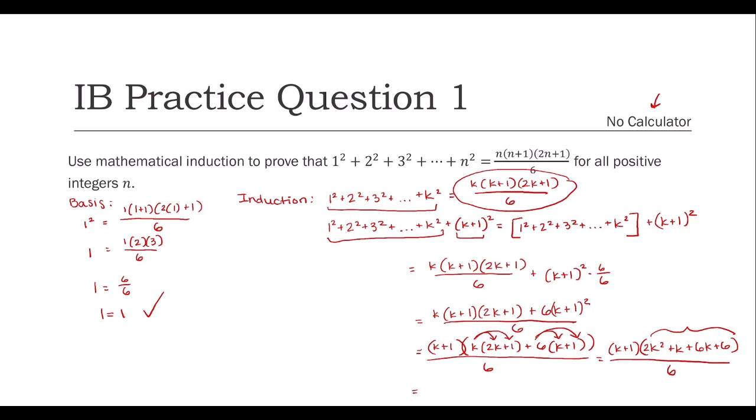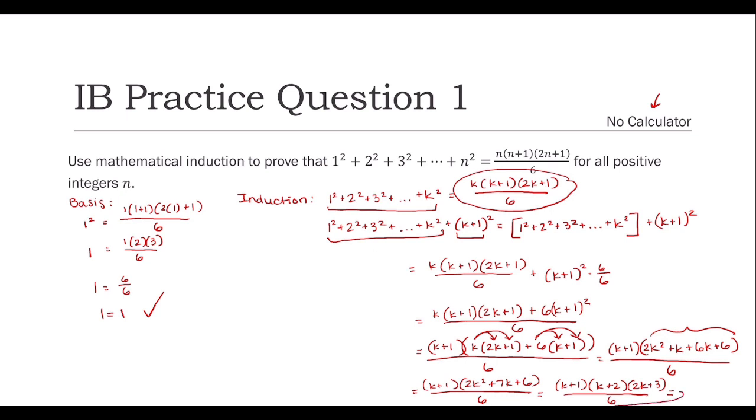So this equals k plus 1 times 2k squared plus 7k plus 6, all over 6. Our 2k squared plus 7k plus 6 can be factored. So we get k plus 1 times, this will factor to k plus 2 times 2k plus 3, all over 6.